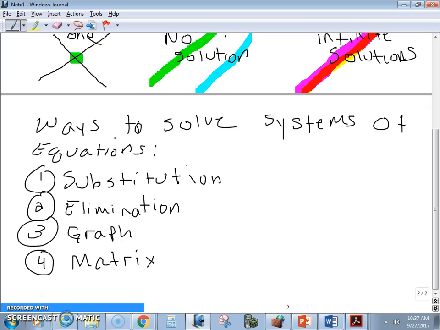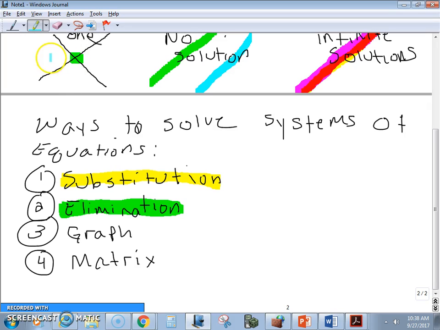All right, you guys, what are the different ways we can solve a system of equations, or what are the different ways that we can find out where two lines intersect? We could do substitution, and these words should be familiar to you. We can do elimination. That's where we add the equations together.